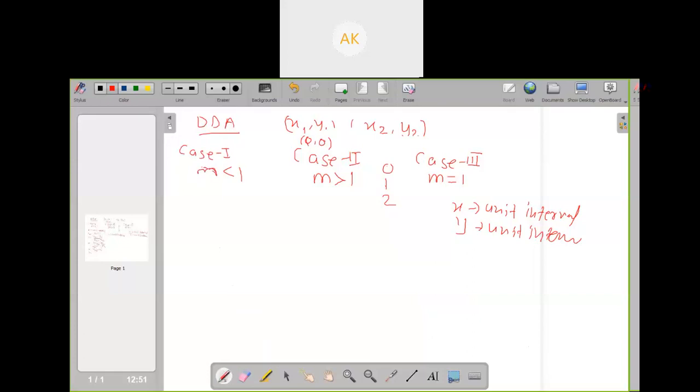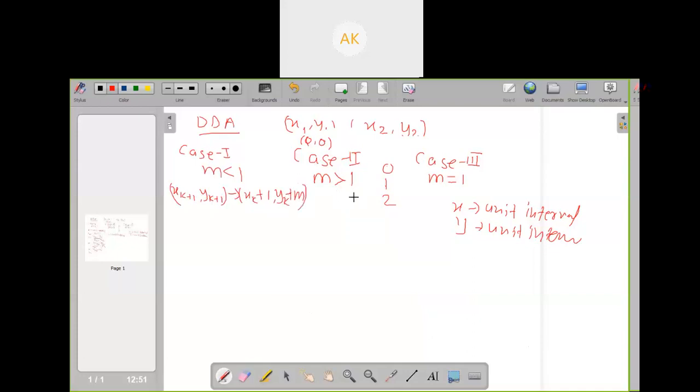When m is less than 1, the next point xk plus 1, yk plus 1 will be xk plus 1, yk plus m.